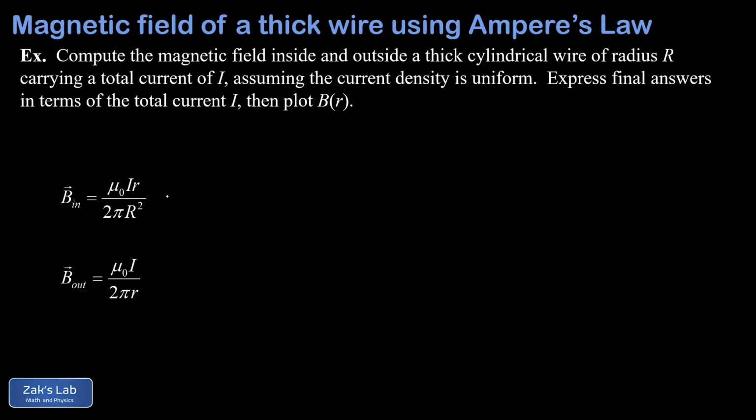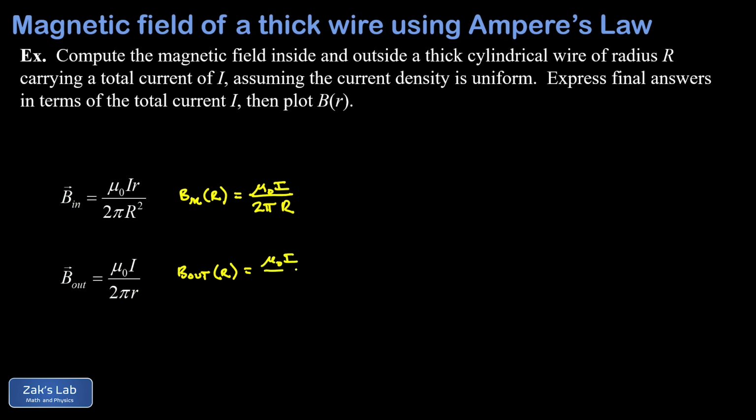In other words, when little r is equal to big R. So we can quickly evaluate B in at big R. In other words, replace the little r with a big R. And when we do that, one of the big R's cancels, and I end up with mu naught I over 2 pi big R. If we do the same thing for B out, the magnetic field outside the wire, evaluate it when little r is equal to big R, and we end up with exactly the same expression.